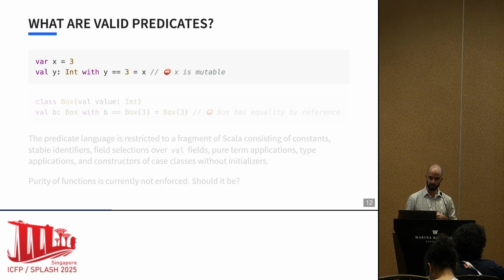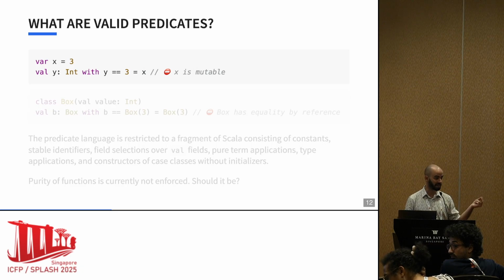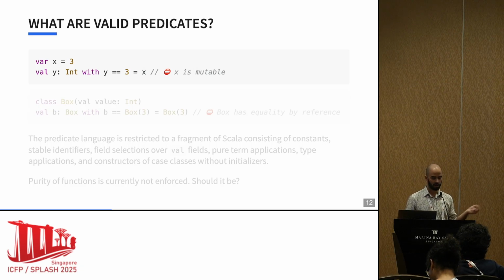So if, for example, you refer to a var in your predicate, you might be in trouble later because, of course, x might change. So the fact that y has that type corresponding to this predicate is only true as long as x does not change. And that would be very hard to track, so for now we just forbid it. You cannot refer to mutable variables from a predicate.